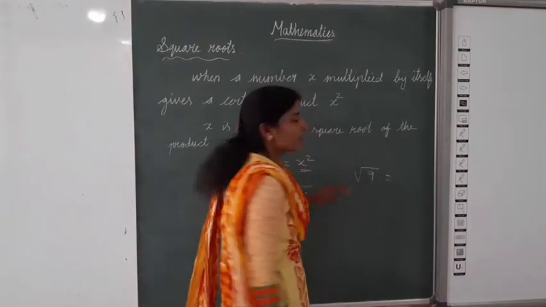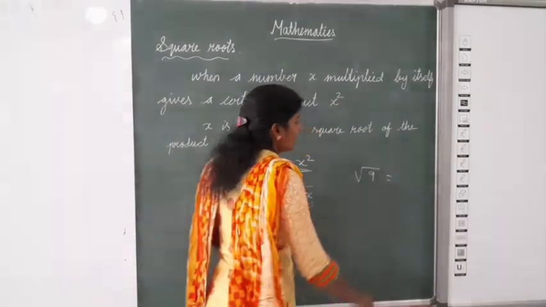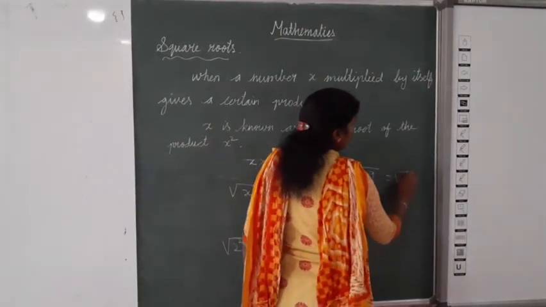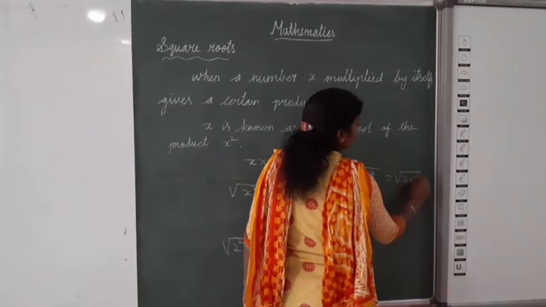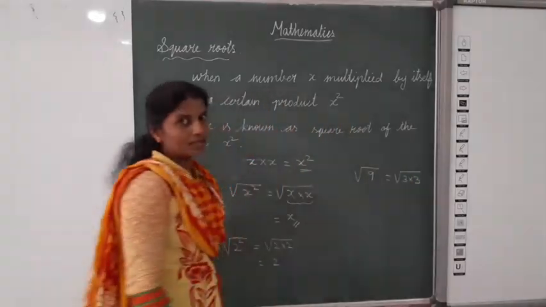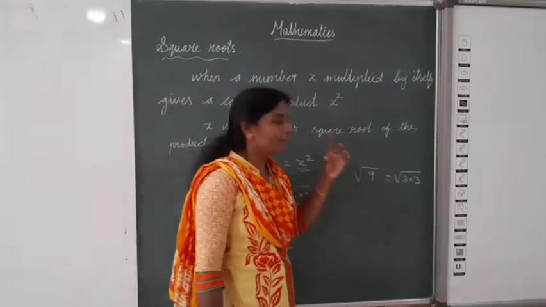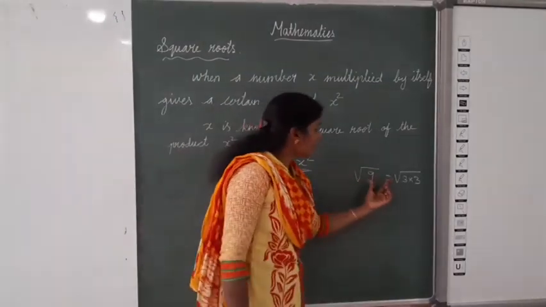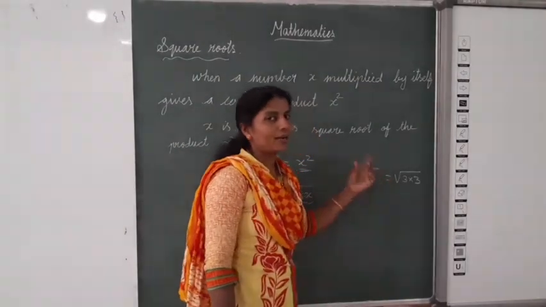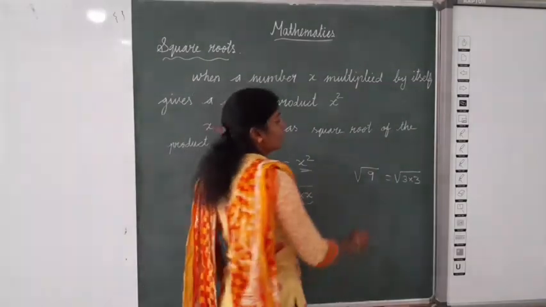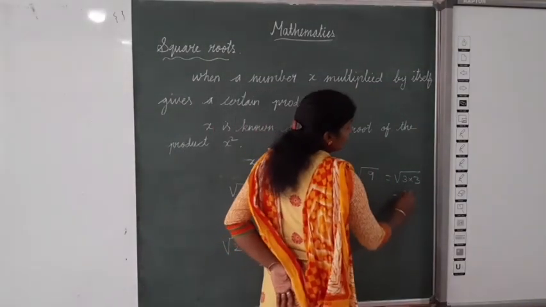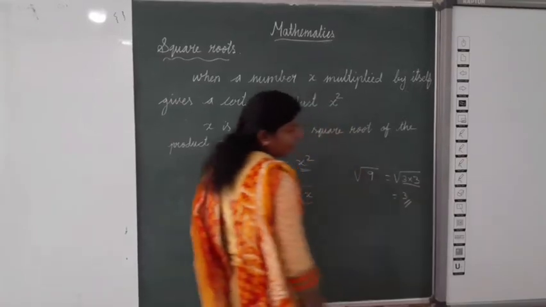What's the value of square root of 9? 9 we can write as square root of 3 into 3, 3 3s are 9. This is a perfect square. 9 is a perfect square number. So square root of 3 into 3 is equal to 3, 2 in 1 take outside.